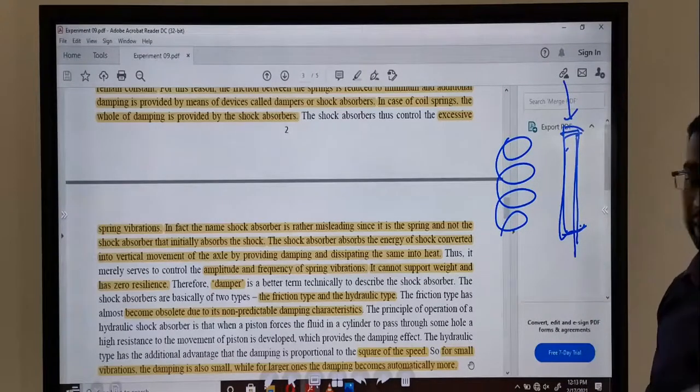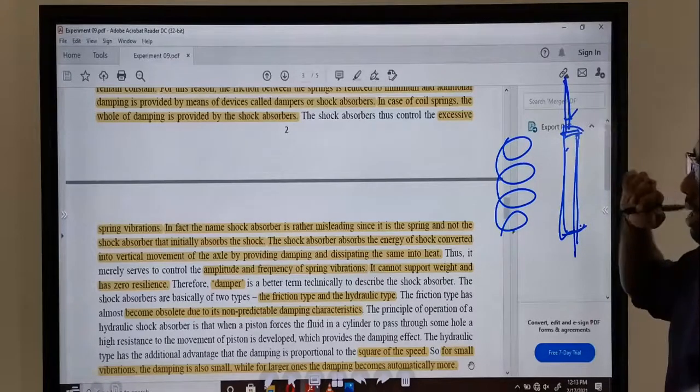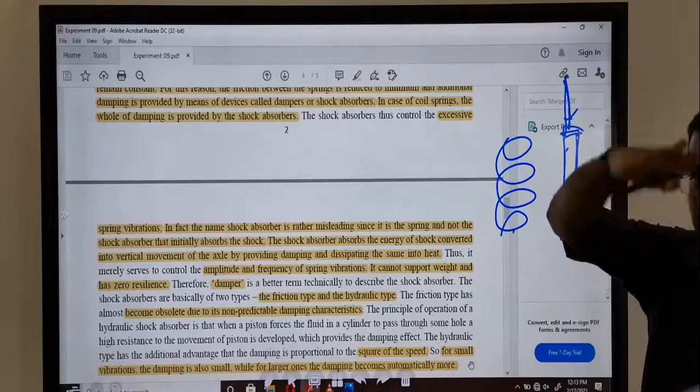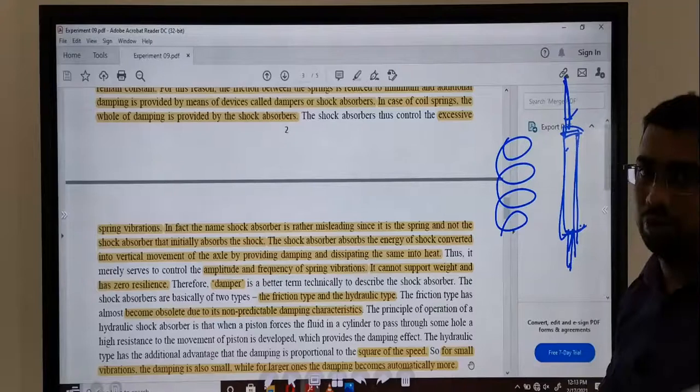Shock absorber is a common name. The coil spring is also a shock absorber. If any kind of material absorbs the shock, we can call it a shock absorber. But damping means something different; it gives proper oscillations. So the best name for the shock absorber is damper.